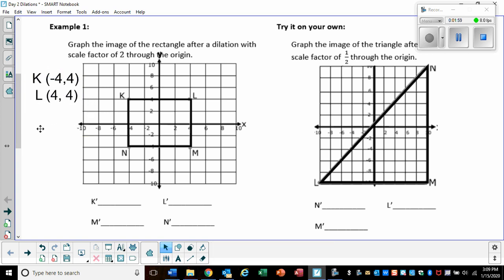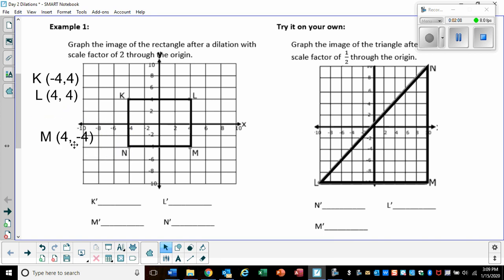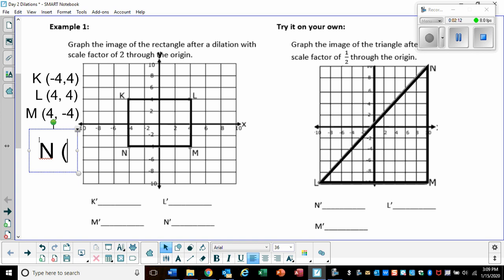And then we got M, which is at 4, -4. And then N is at -4, -4.